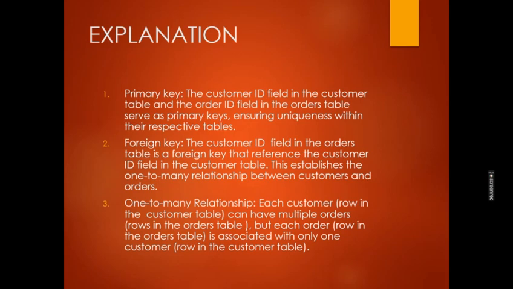This establishes the one-to-many relationship between customers and orders. In a one-to-many relationship, each customer, which is a row in the customer table, can have multiple orders, which are rows in the orders table, but each order is associated with only one customer, which is a row in the customer table.